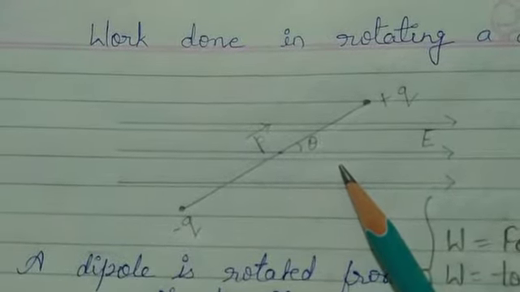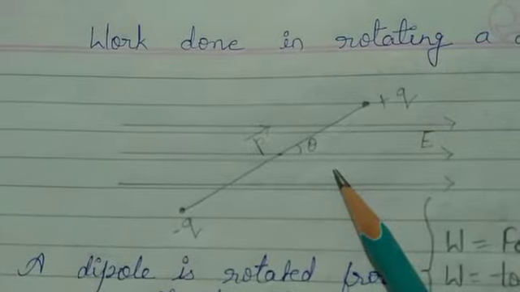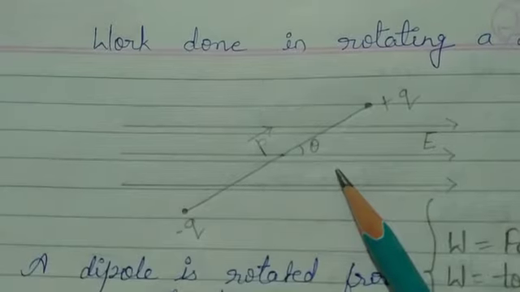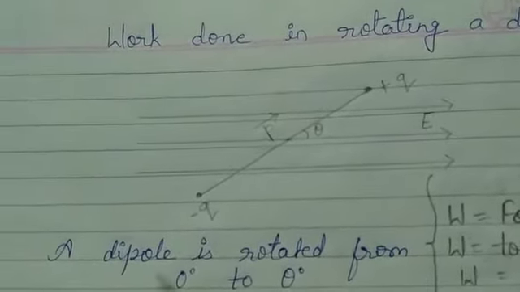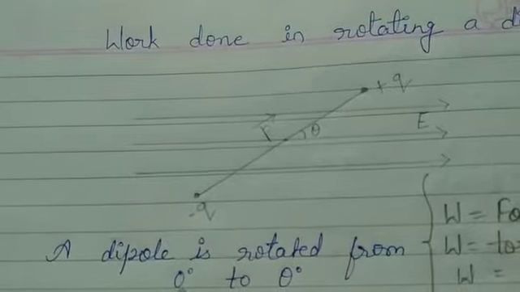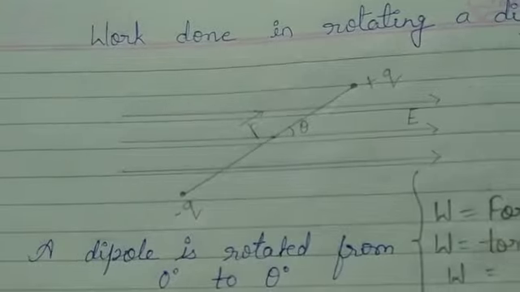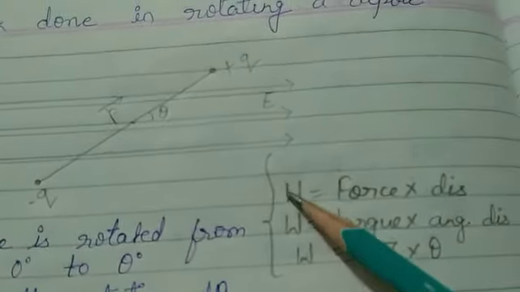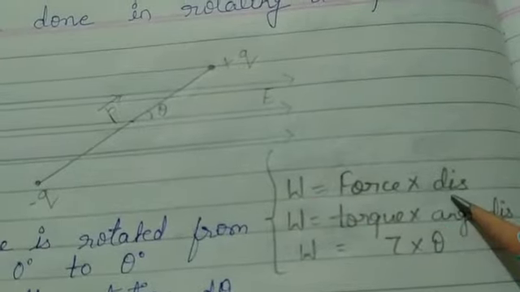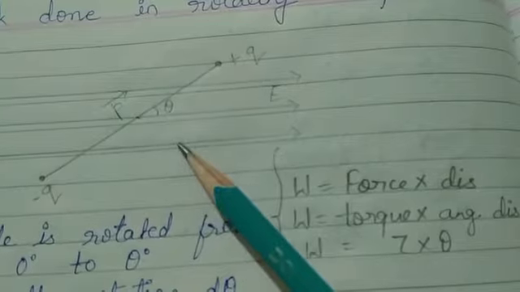Now today we will find out how much work is done by that torque. Suppose a dipole is rotated from 0 degree to theta degree. So what is the formula of work? Generally work equals force into displacement, that is in linear motion, but here there is no linear motion.